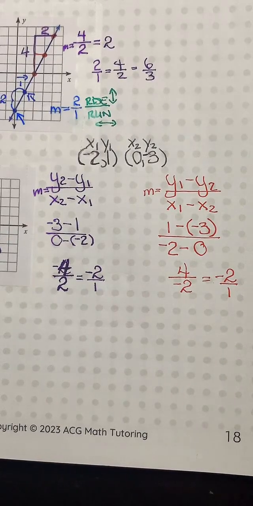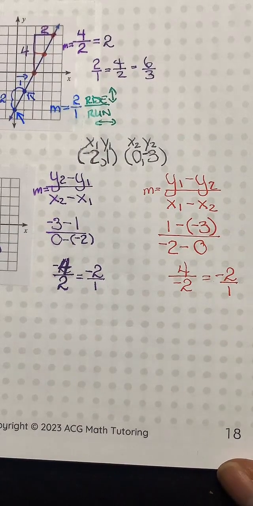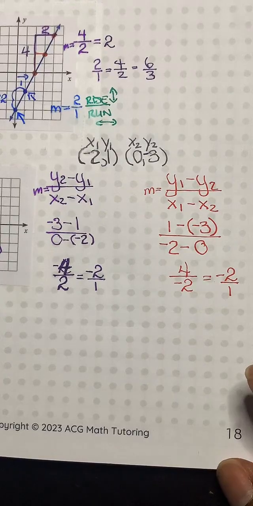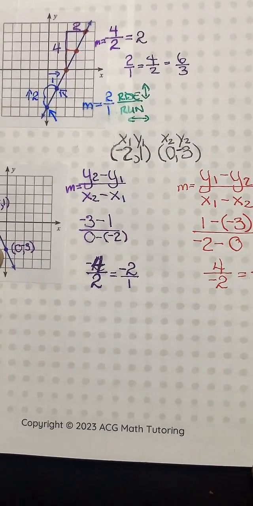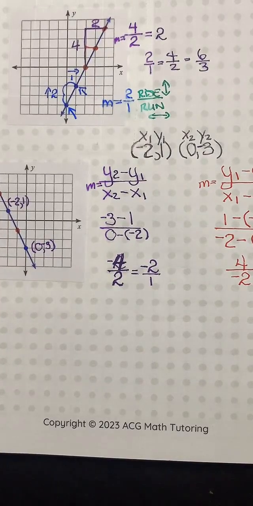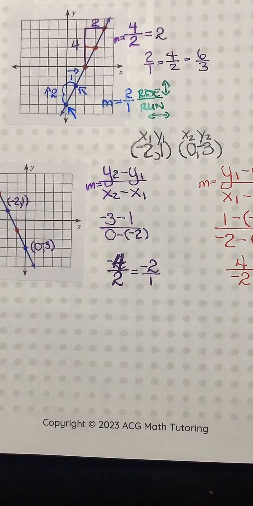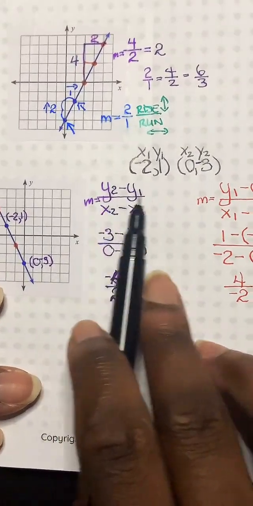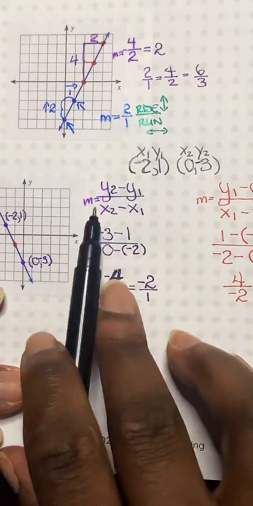Okay, so just a little introduction with slope. It's nice to see that although we were looking at distance, which was from one point to the next, and then we looked at the steepness, which deals with slope, there's a lot of similarities. If you look at the equation, let me just show you.